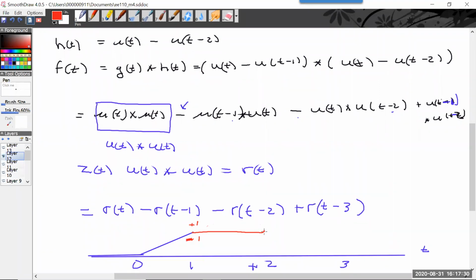And then I have a net slope of minus 1. So I had plus 1, then plus 1 minus 1, so it was flat. Then I had minus 1, because these two would balance each other. And then at 3, I balance out that minus 1 with a plus 1. And I get a trapezoid.